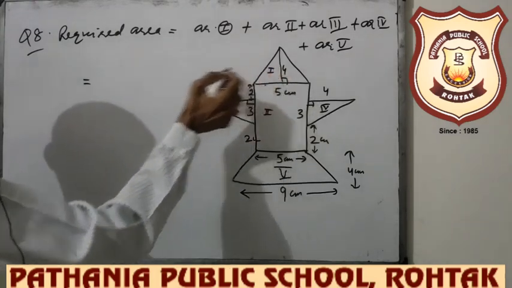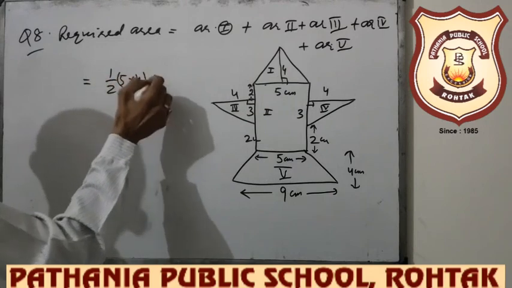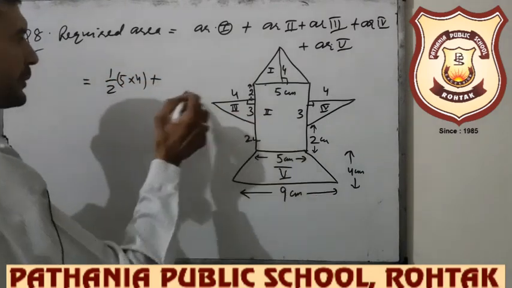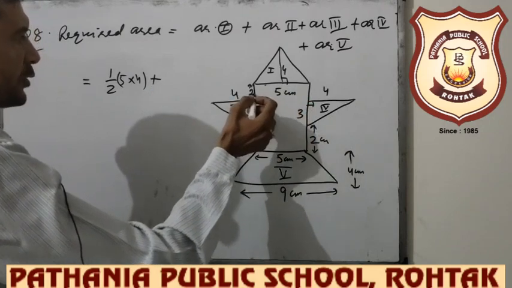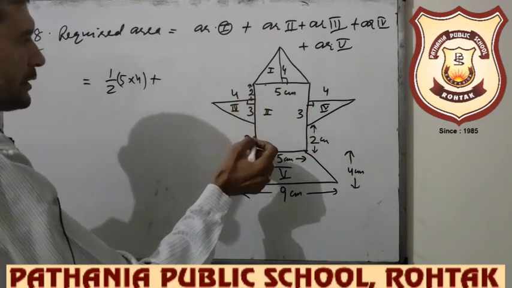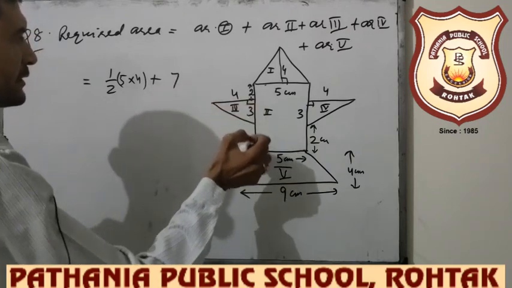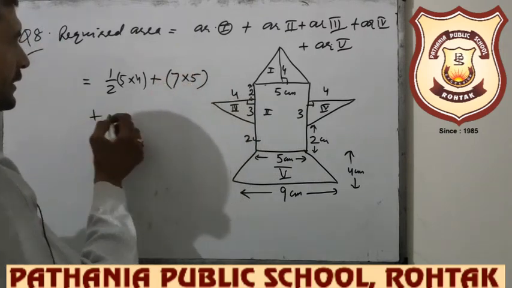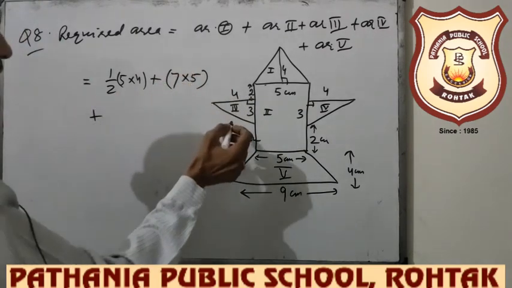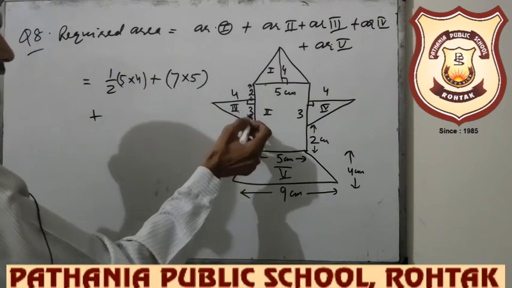How is it possible? What is the area of the first? This triangle, base into height, half into 5 into 4, plus area of second part. This is a rectangle. The total length of the rectangle is 2 plus 5, what is 5 plus 2? 7. 7 into 5 plus area of part 3 and 4.